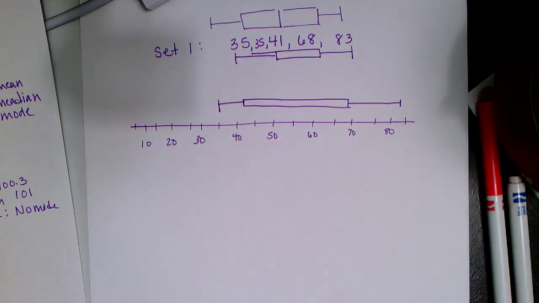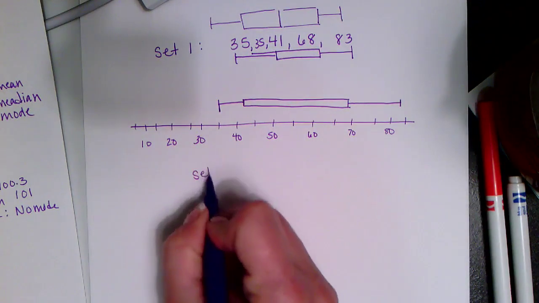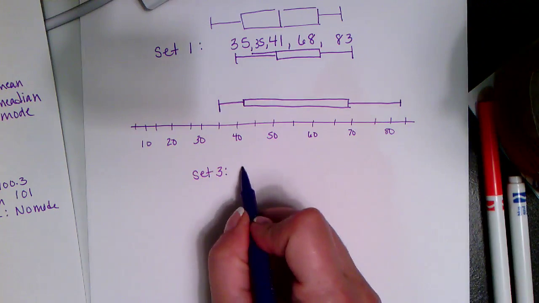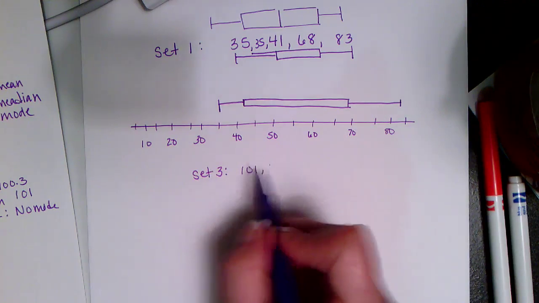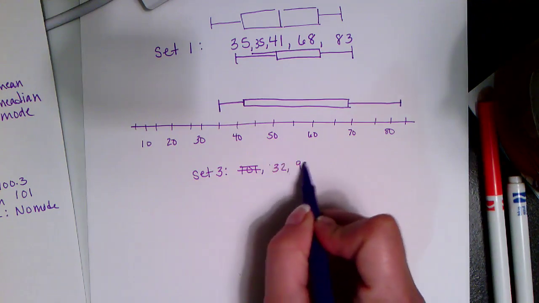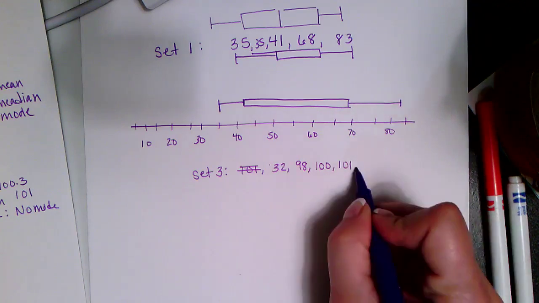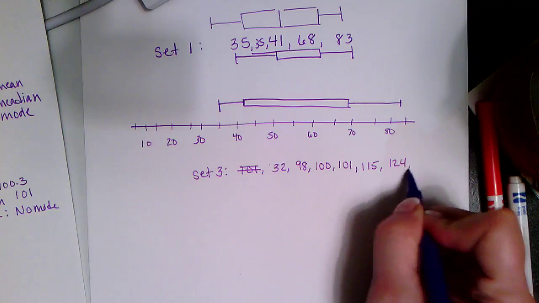So it might be easier. We did one with a few more numbers, so let's use our set 3. Okay, and for set 3, we had 101, 32, 98, 100, 101, 115, 124, and 132.